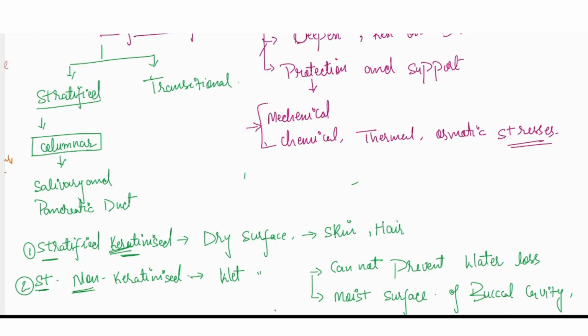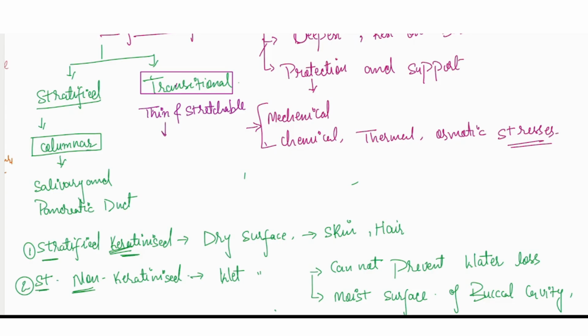Now let us see the next term, transitional epithelium. It is again more than one layer, and it is thin and stretchable in comparison to the stratified. It gives protection to the other layers.